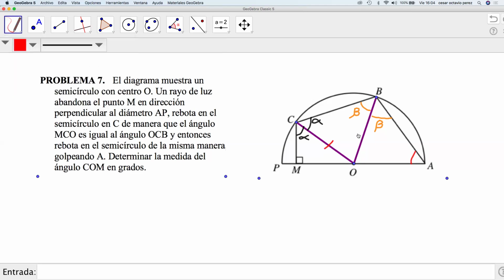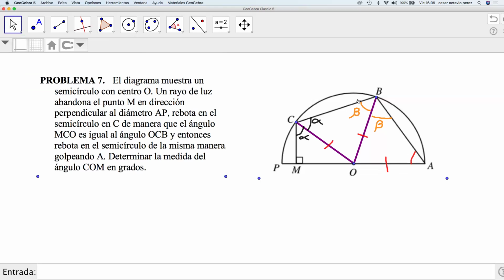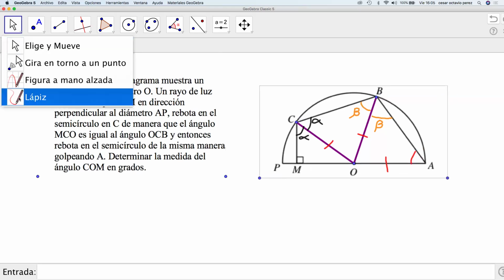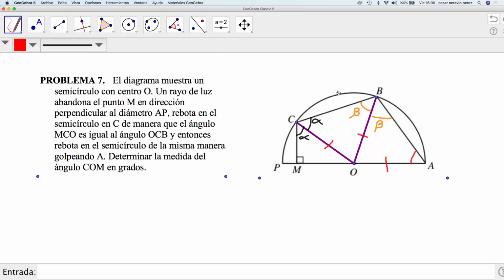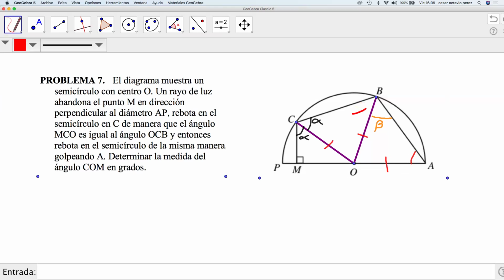This is equal to this and this. So this must be, this is also alpha. You can see why? Sí. Because this is equal to this, this must be also alpha.